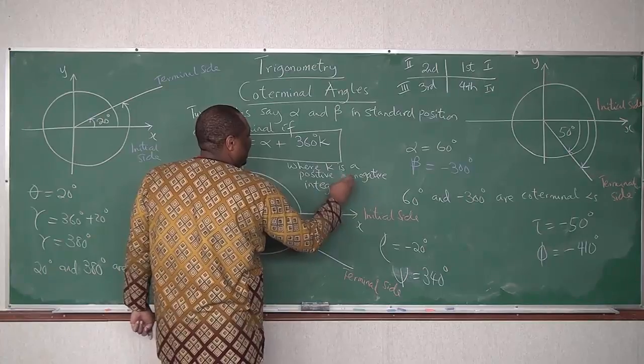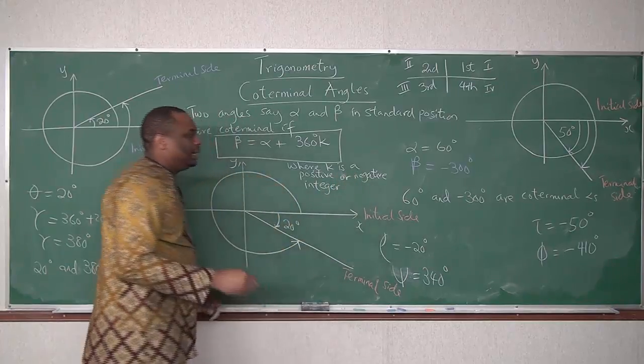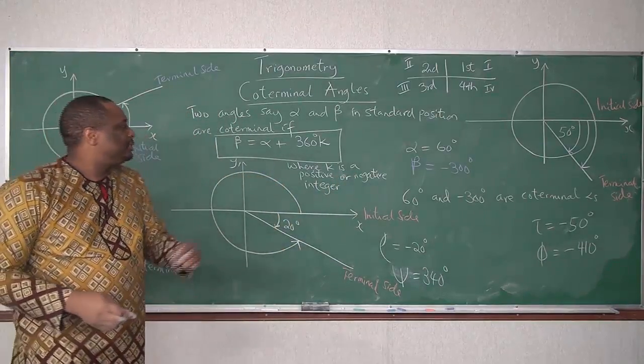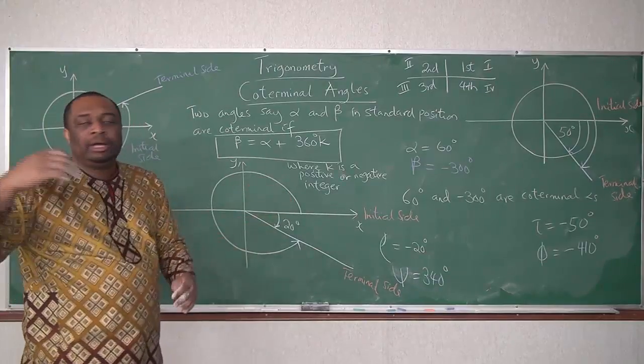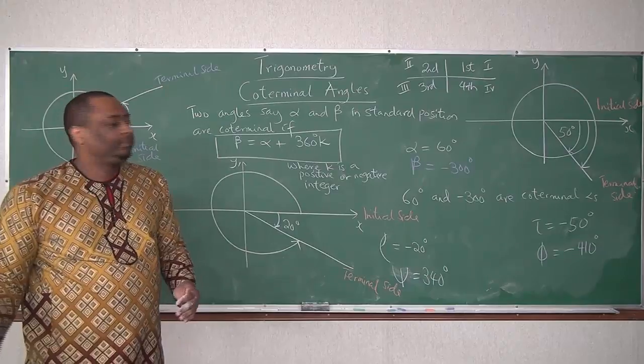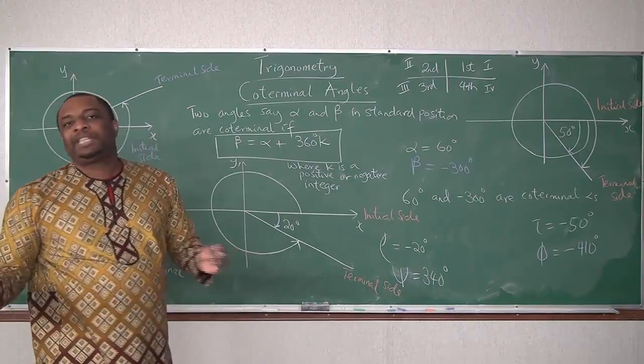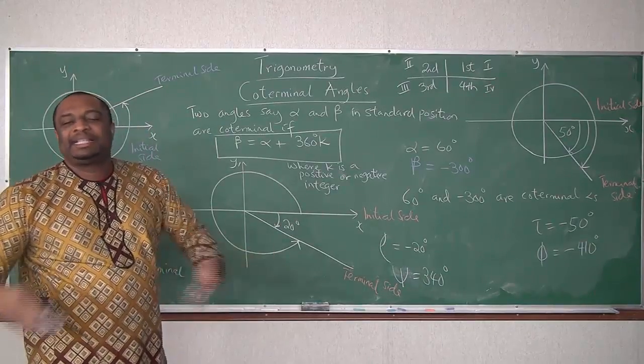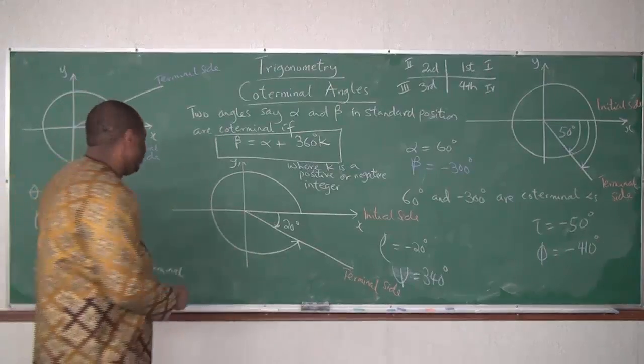So if you want to get positive coterminal angles, you use k as a positive integer. If you want to get negative coterminal angles, you use k as a negative integer. That is the way it goes.